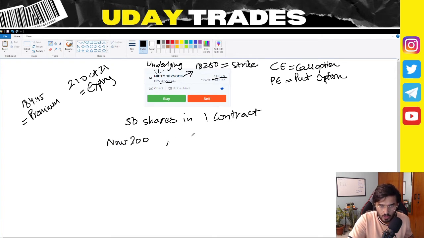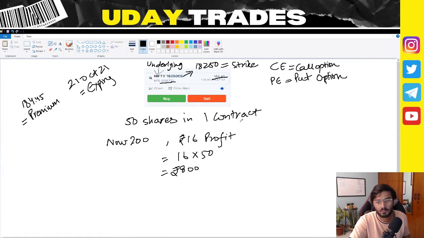So I bought it at 184 and now it is at 200. That is 16 rupees profit per share. So my total profit is 16 into 50, which is equal to 800. So for one contract, my profit is 800 rupees.